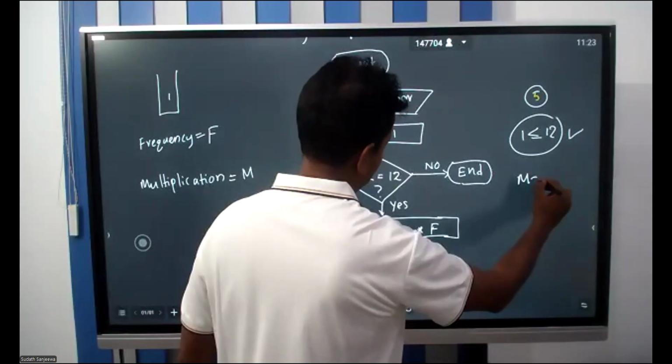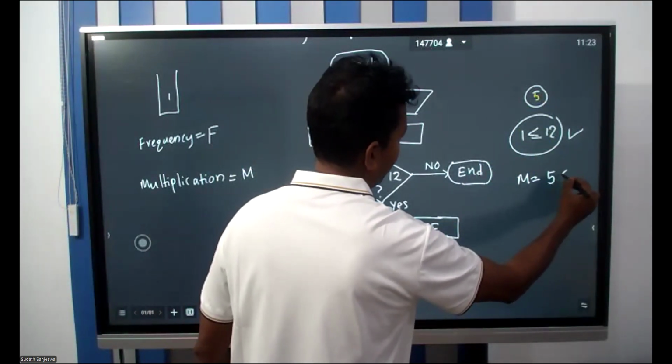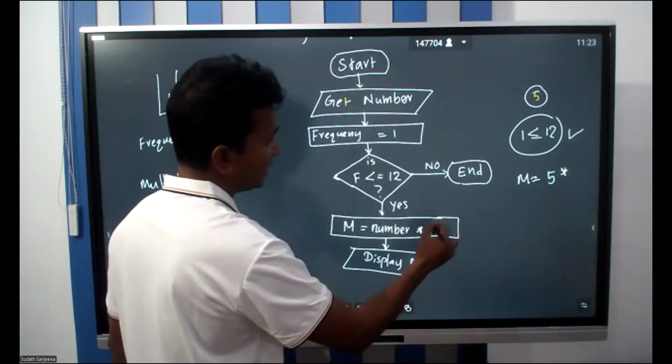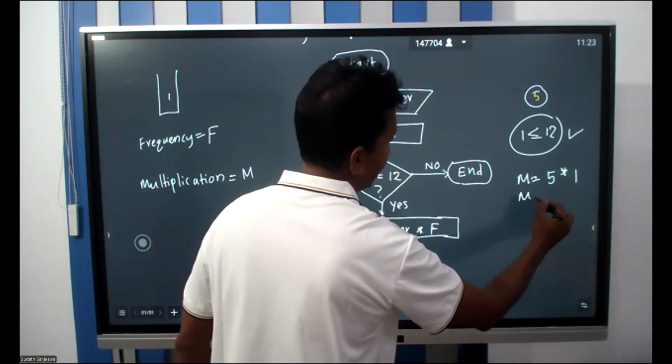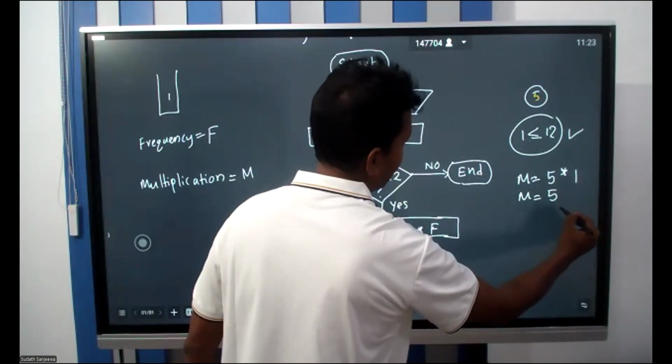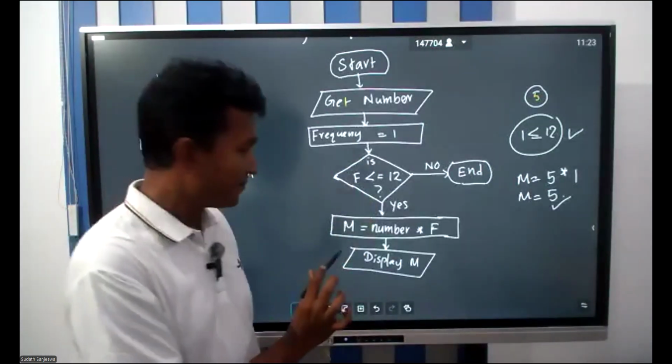M is input number 5 multiplied by frequency. My frequency is now 1. Initially, M is 5. Right. This will display. That is the first step.